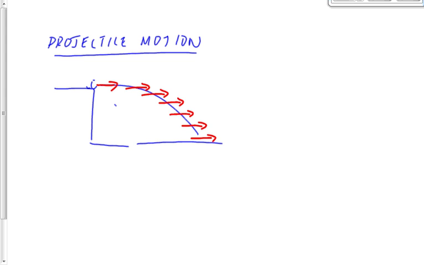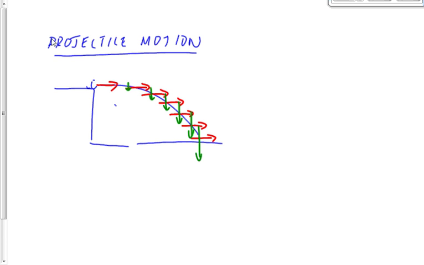It's not changing. Vertically, however, we started off at 0. As time went on, the vertical velocity increased and increased and increased because gravity was pulling down on it a little bit more each time. Does that make sense?